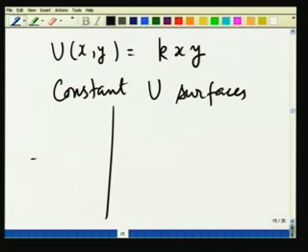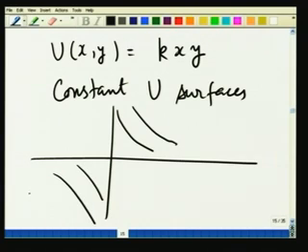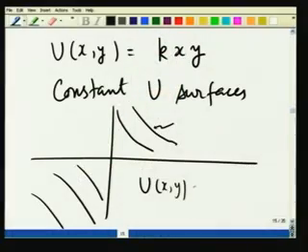These, as I said earlier, are going to be hyperbolas depending on what c is, and so on. Now, U(x, y) over these surfaces is a constant.